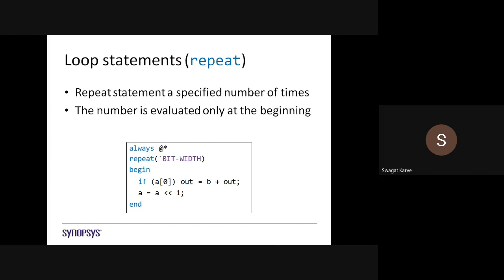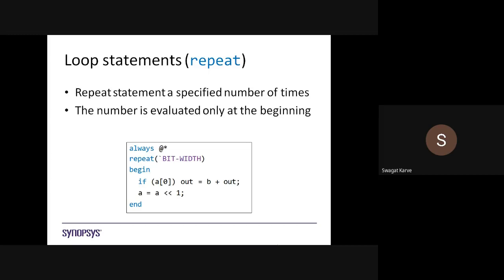So it is repeat bit width begin, if A of 0, out is equal to B plus out. A of 0 means it's a register, that bit A0 in that register. So out is equal to B plus out, and A is equal to A shifted by 1.